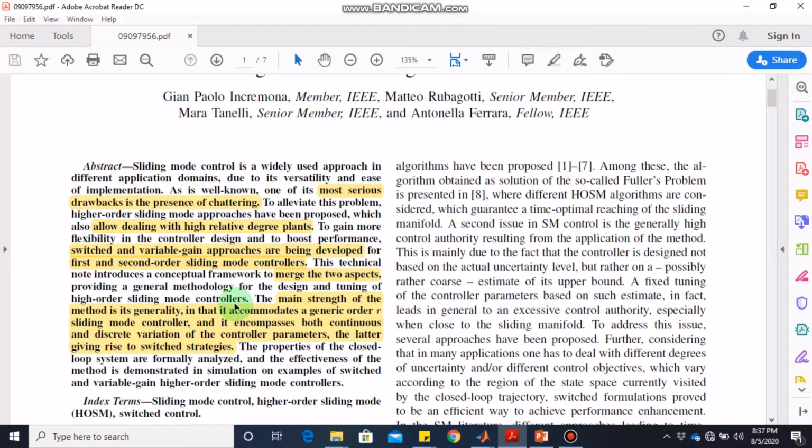The main strength of the method is its generality, in that it accommodates a generic order r sliding mode control, and it encompasses both continuous and discrete variation of the control parameters. The discrete variation gives rise to the switched strategies.